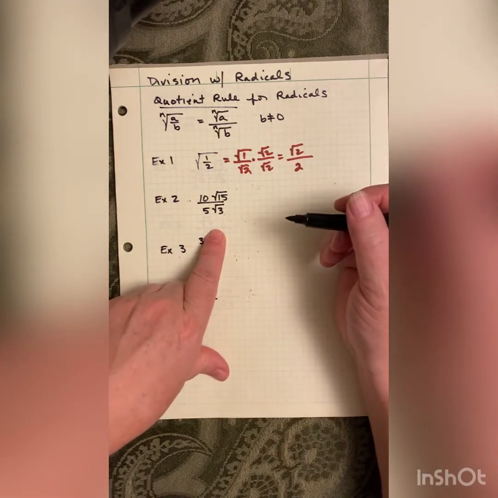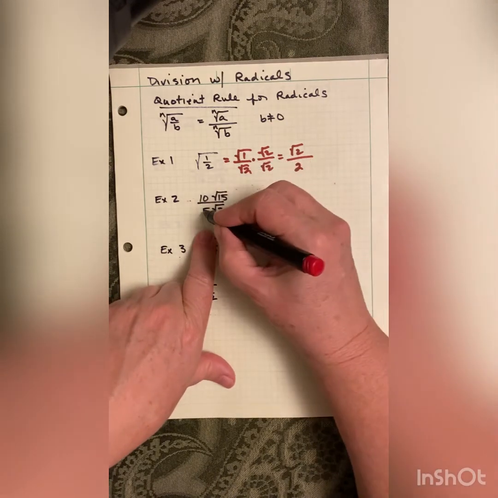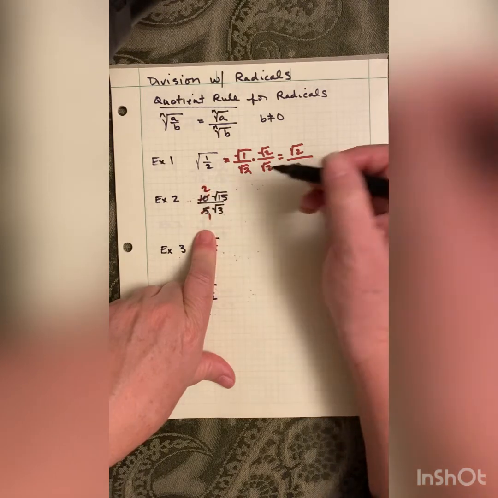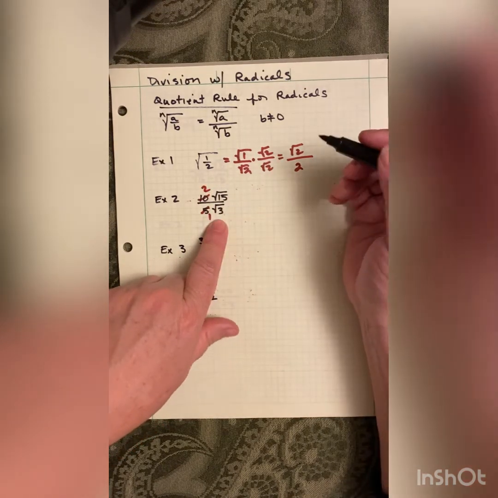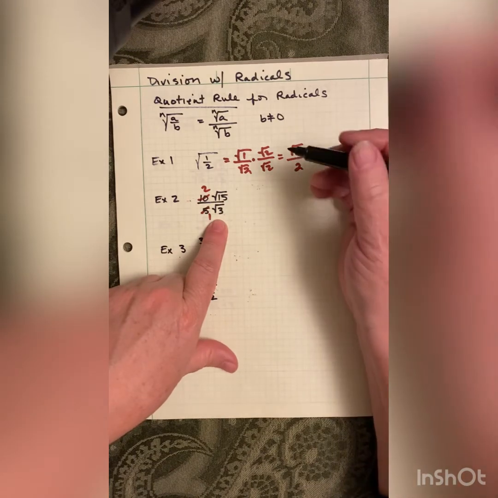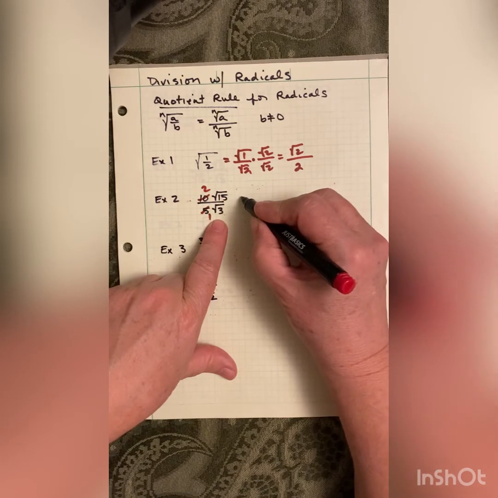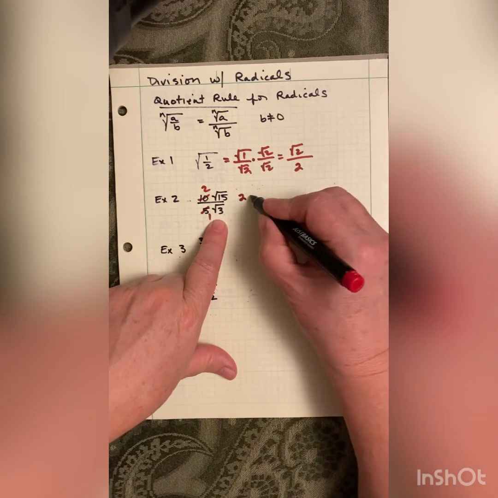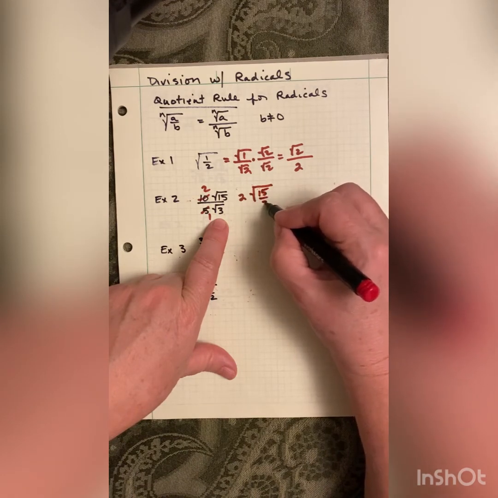Okay, this next one here. Well, first thing I notice is 5 goes in here once, 5 goes in here twice. Then I'm thinking, hey, I can do a little bit of work if I put it under one radical. I can do it because it has the same index. So this will be a 2, then I'll have that over 15 over 3.